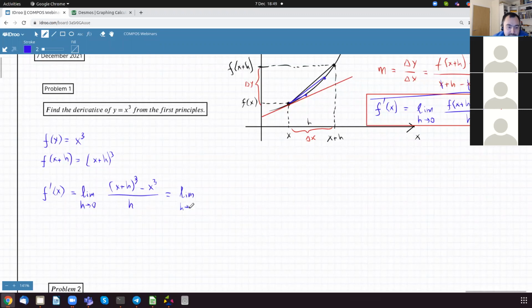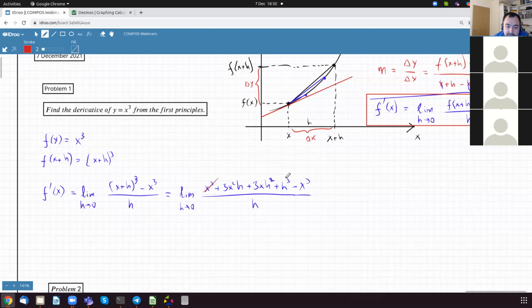Now we use the binomial expansion to expand x plus h cubed. So it's going to be x cubed plus 3x squared h plus 3xh squared plus h cubed, minus x cubed, divided by h.